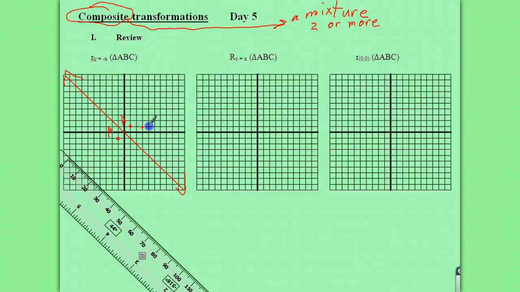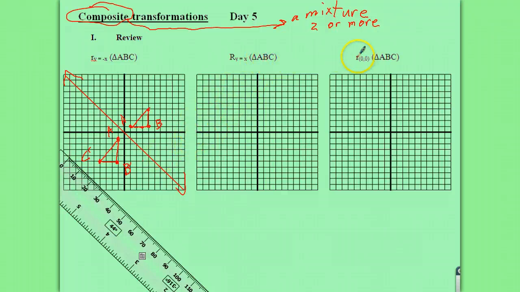B, we'll make B here, so there's B prime, and here is C and C prime. So this triangle is now reflected over the y equals negative x line.